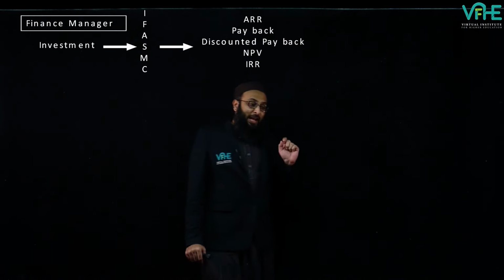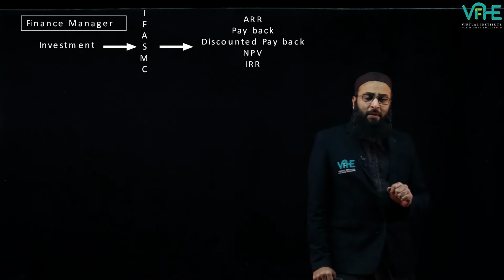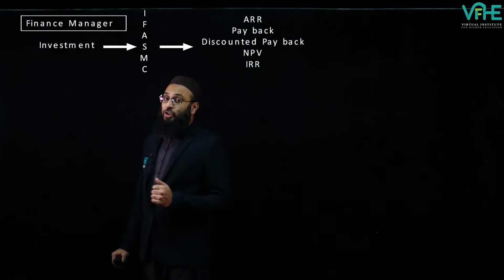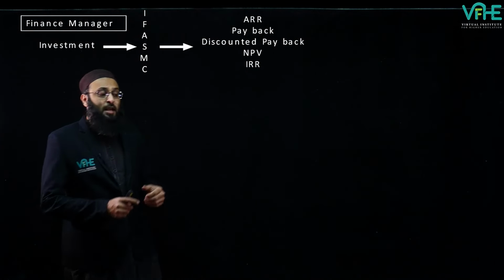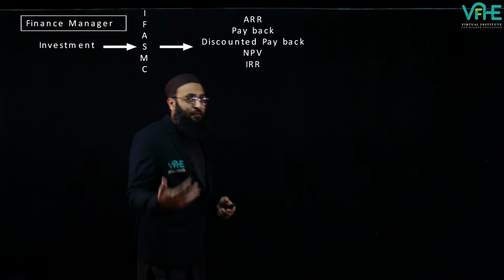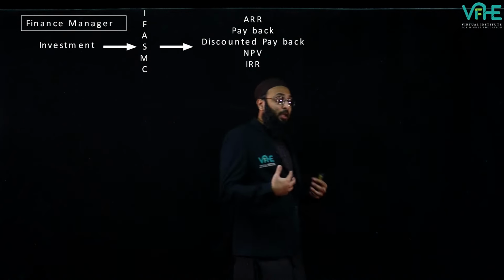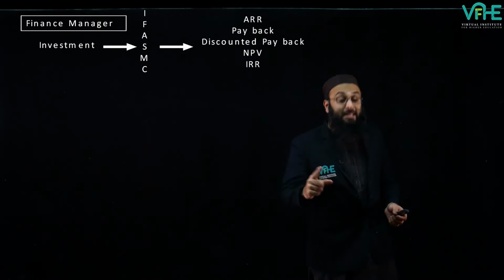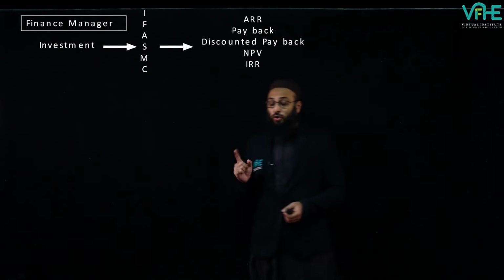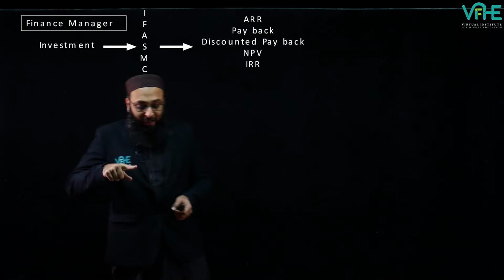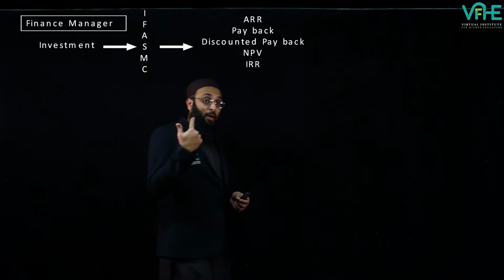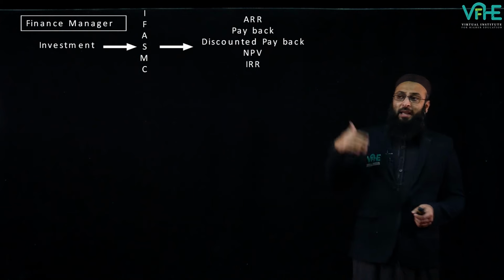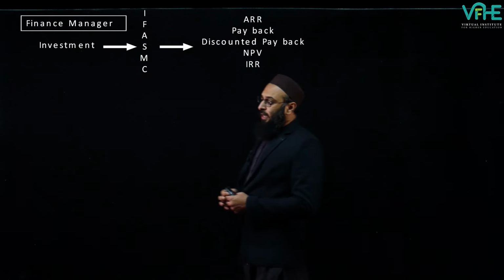So, as I mentioned, the second is the average investment method, where you take average PBIT divided by average investment. And how do we work out average investment, guys? Come on, recap with me. The formula is initial investment plus scrap value divided by 2. Yes, it's plus scrap value. You need to add the scrap value and divide by 2, you get the average investment, and using that you work out the ARR.